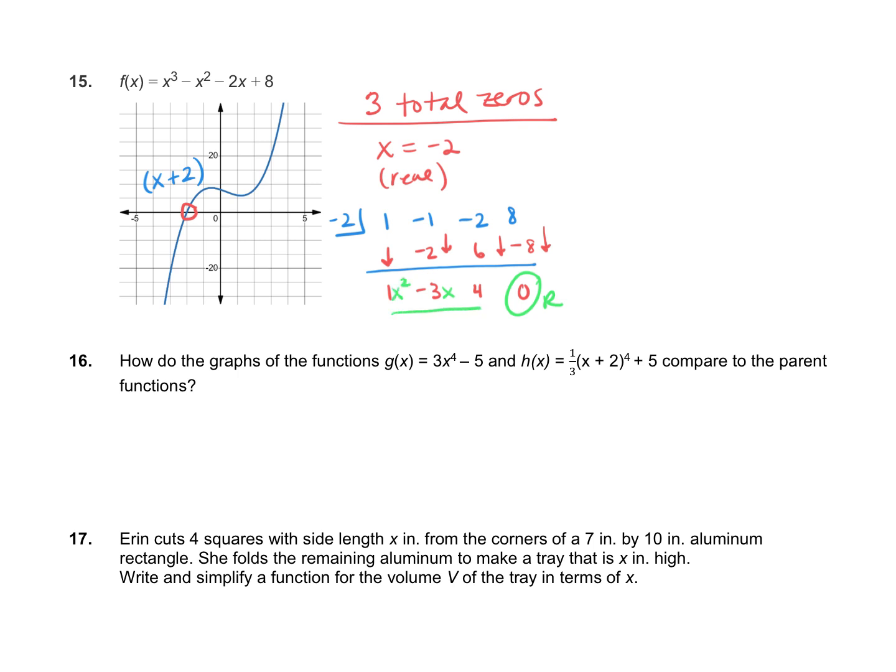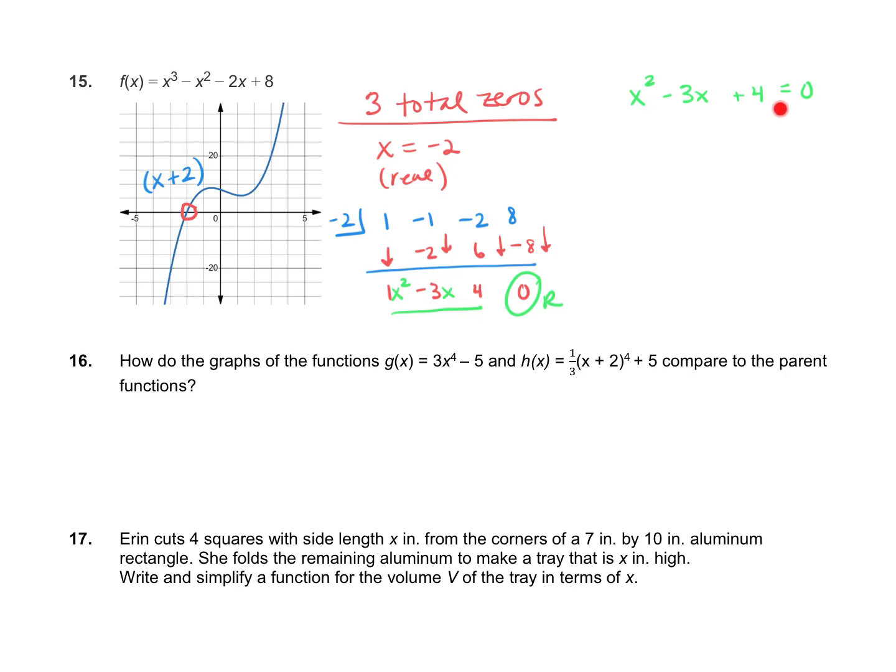So that's our new polynomial. We're going to solve that: x squared minus 3x plus 4 equal to 0, so we can find the complex zeros of our function.